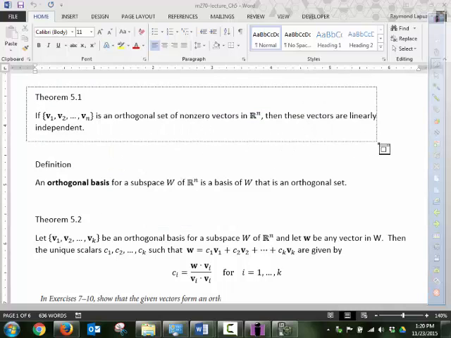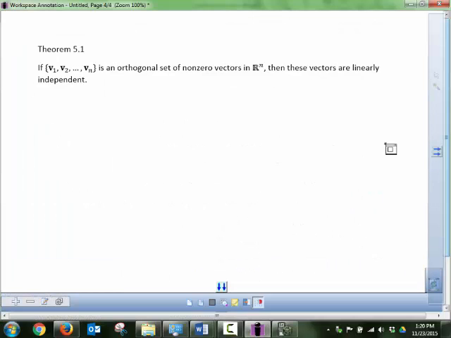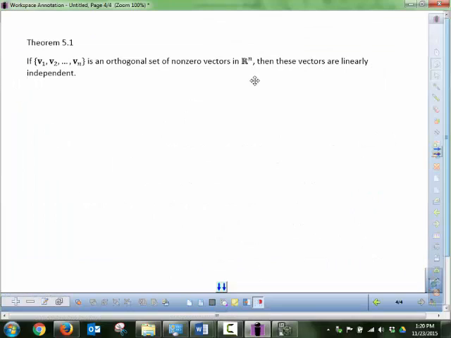All right, if you have an orthogonal set of non-zero vectors, then these vectors are linearly independent. Well, doesn't that seem obvious?